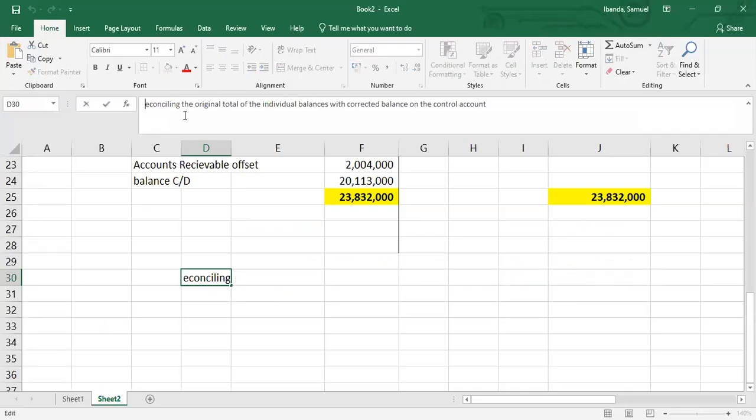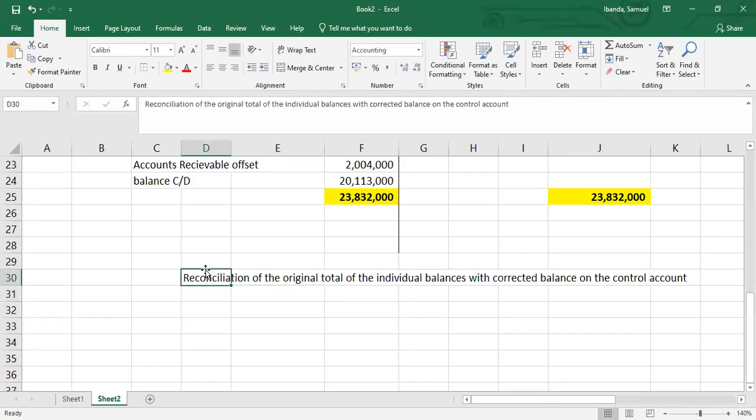So I call this a reconciliation of the original total individual balances with the corrected. So that is just my total, okay? So what I'll just do is balances extracted.